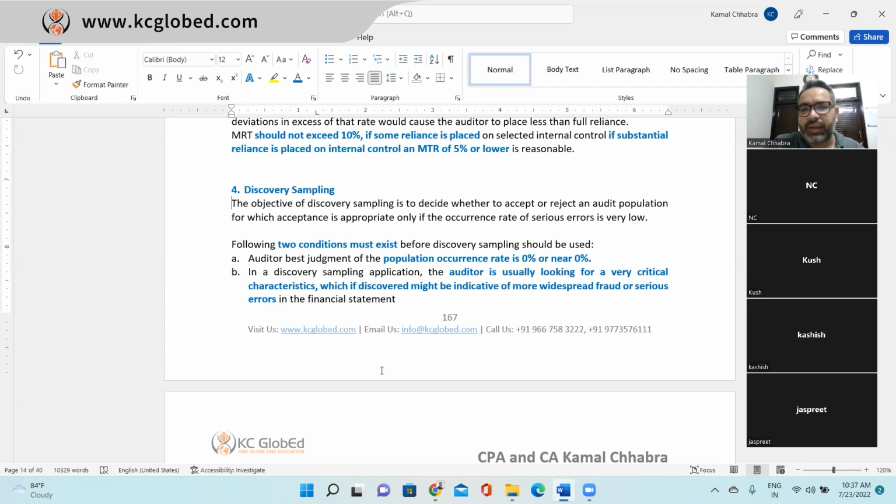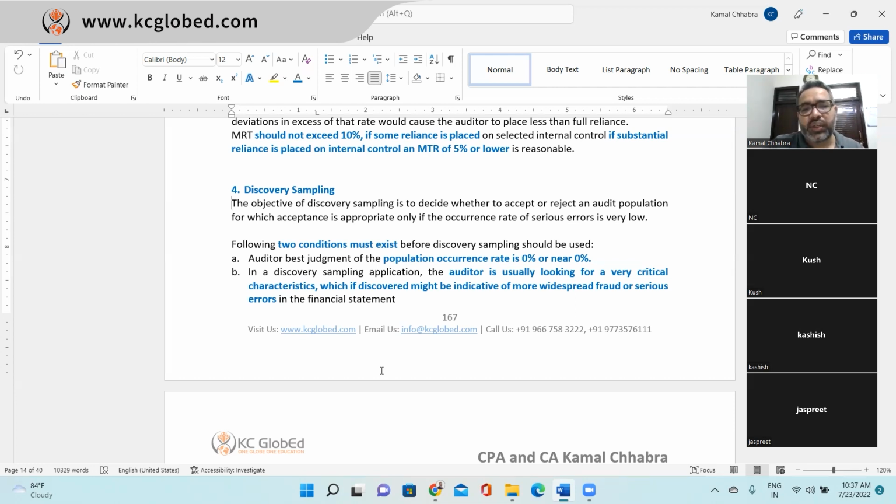If those tie, then you will be accepting it. If those don't tie, then you might be rejecting it, right? So discovery sampling is something like this, whether you are accepting the entire population or rejecting the entire population for a certain reason.